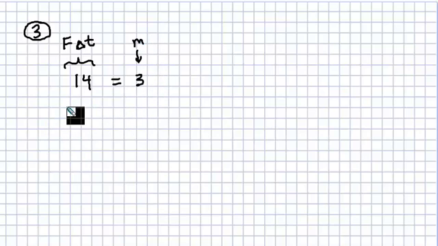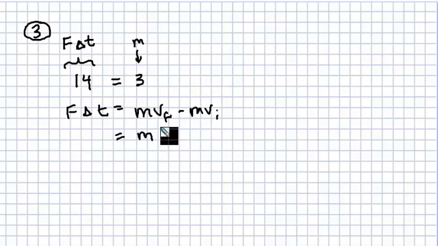Well, we know that F delta t equals the change in momentum, mv final minus mv initial. And we can rewrite this second term as m times the quantity v final minus v initial.